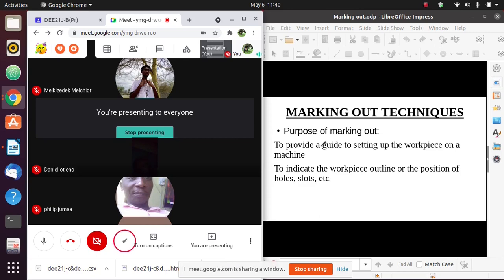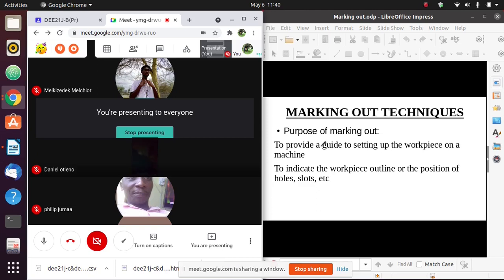The second purpose of marking out is to provide a guide when setting up that workpiece on a machine. For example, I want to put my cylindrical pipe onto the lathe machine, and I think I've shown videos of lathe machines, so we have an idea what a lathe machine is.